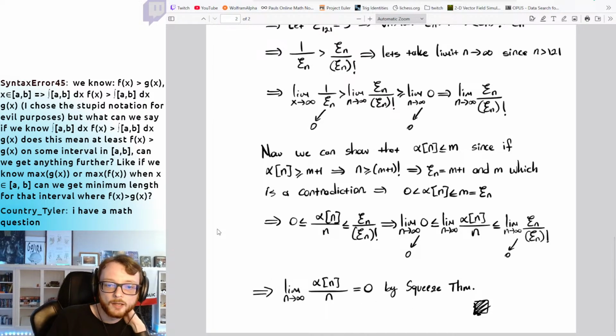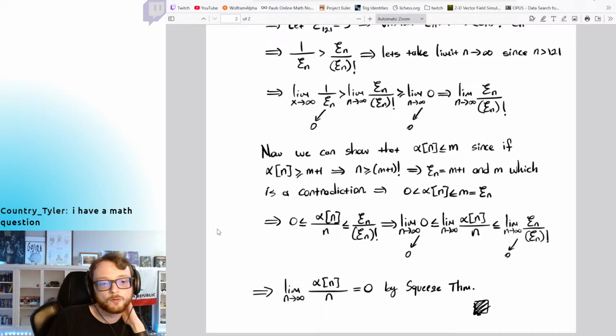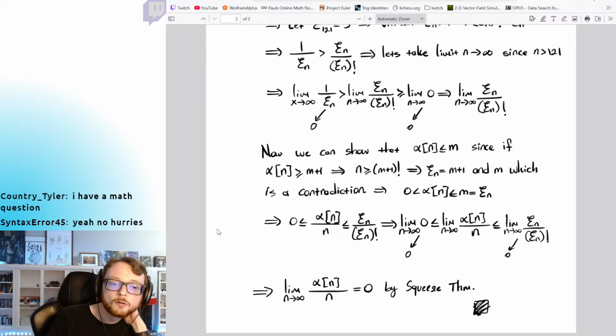Now we can show that alpha of n is less than or equal to m, since if alpha of n is greater than or equal to m plus 1, oh, alpha is the one you were talking about before. Alpha is the count of prime divisors.